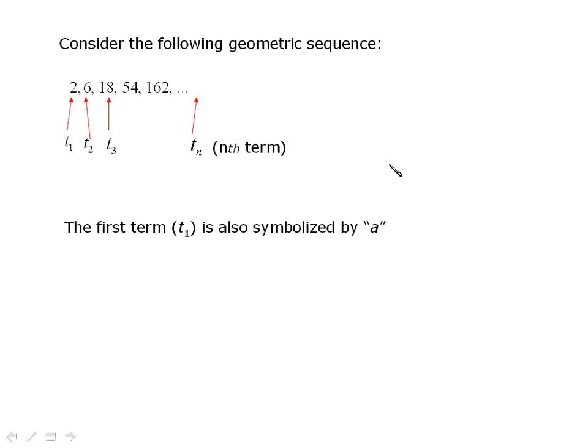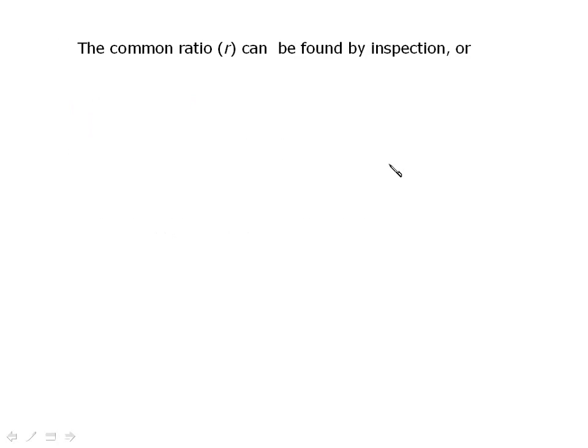And something else, the first term T1 is also symbolized by A. So usually, in all the formulas we'll work with, we'll call that T1 as A. And when you're dealing with a common ratio, you can find it by inspection like we did for some of the previous things, or we can use a formula.